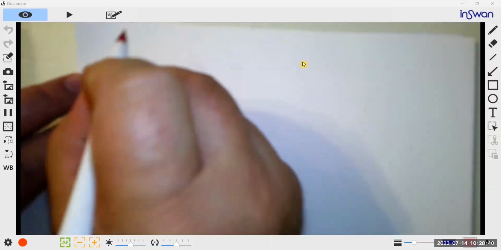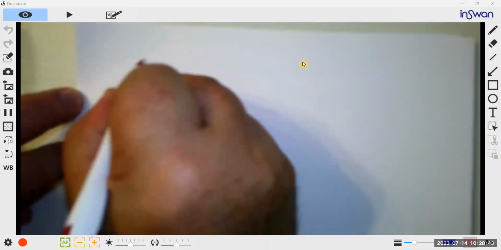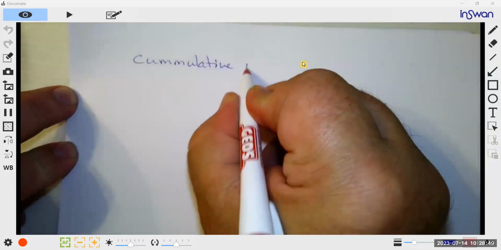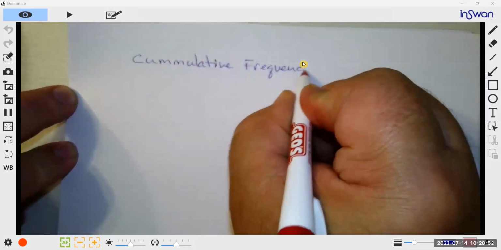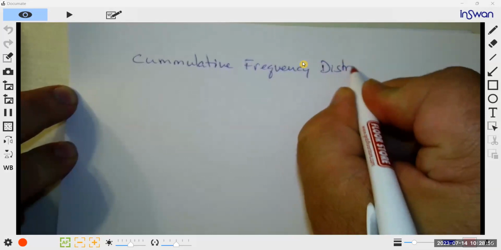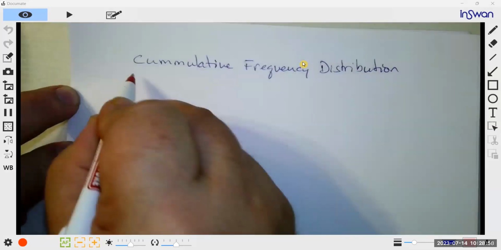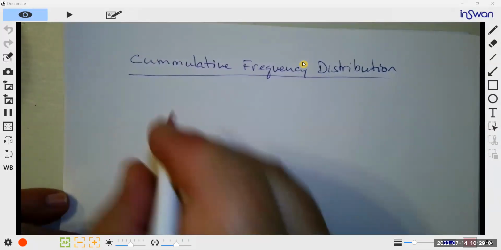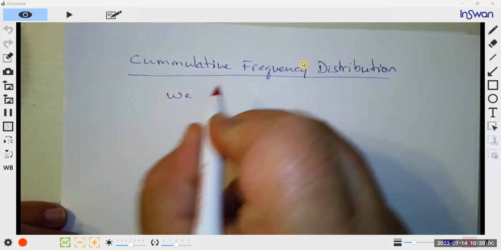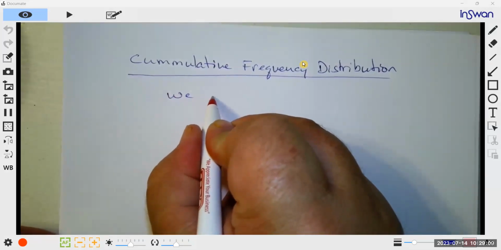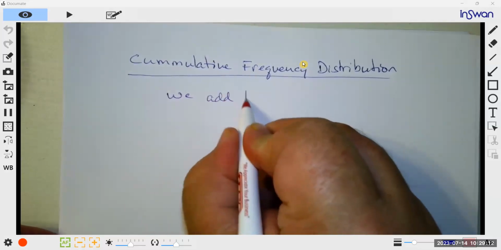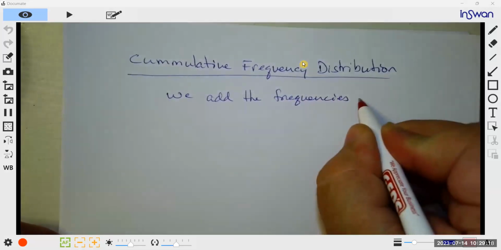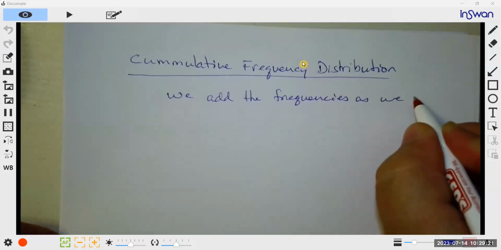The next frequency you're looking at is called the cumulative frequency distribution. Here we add the frequencies as we go.